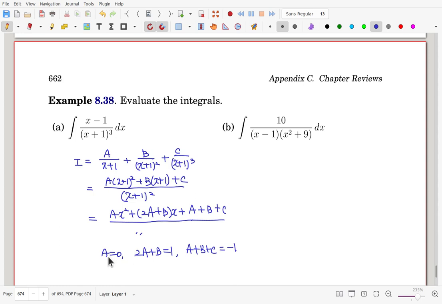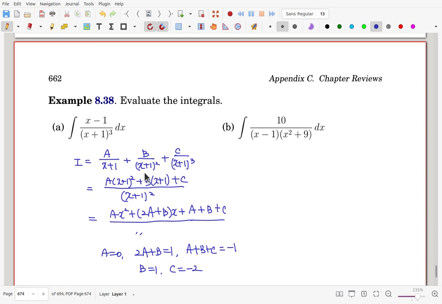So A is 0, and then B must be 1. From this one, B is 1. Now A is 0, B is 1, then C must be minus 2. So we decided everything here. You don't have to worry about that one, it's 0. And now B is 1.